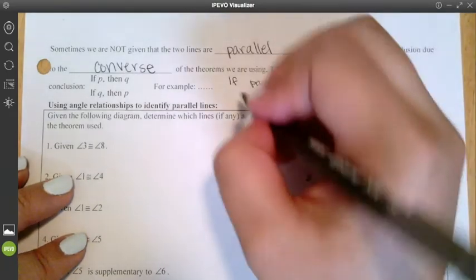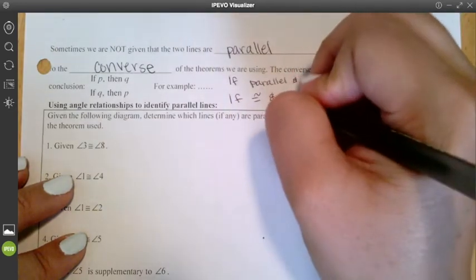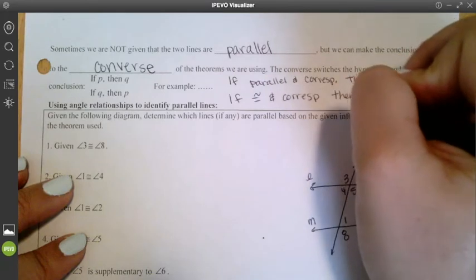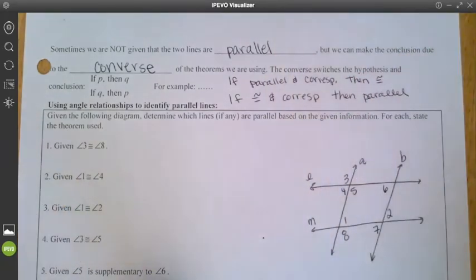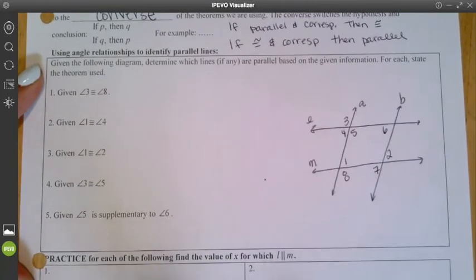So we could change that to say if congruent and corresponding, then parallel. Okay, so let's take a look at using that backwards. So we're going to use the diagram and we're going to determine if lines are parallel.